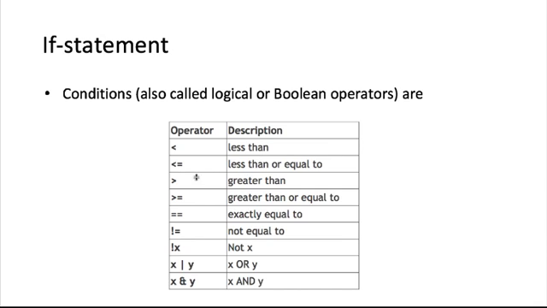We can also have less than or equal to, greater than or equal to, exactly equal to is two equal signs, not equal to, that x is not something, x or y, and then x and y. So we can evaluate all these using all these different operators. We can evaluate whether or not a given statement is true or is not true.